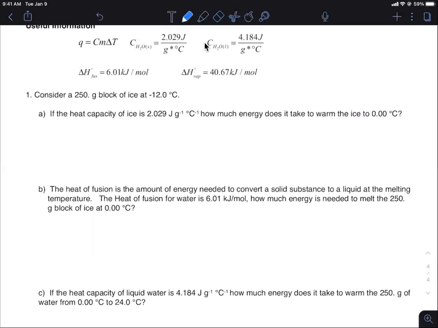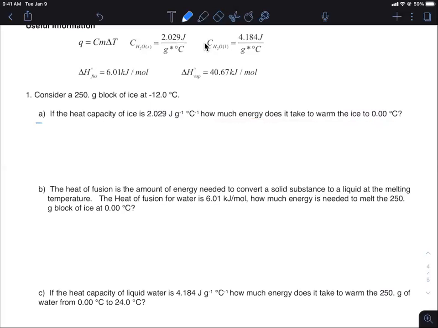We can go through this one together. So again, we'll start with part A. We're given the heat capacity of ice, and we're told how much energy it takes to warm the ice to 0 degrees. This was step 1 of our problem.